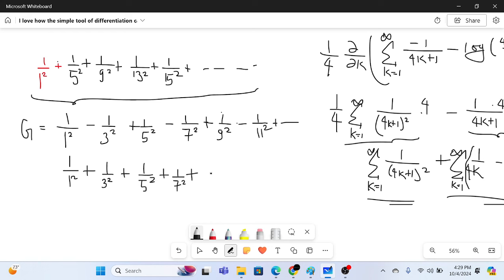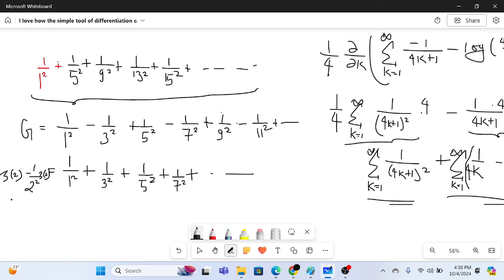Right? And since the even terms of the Riemann zeta function are removed, this can be considered as Riemann zeta of 2 minus 1 by 2 square times Riemann zeta of 2. Because if I multiply Riemann zeta of 2 by 1 by 2 square, only even terms will be there, and subtracting even terms from Riemann zeta of 2 gives us the odd terms, right?